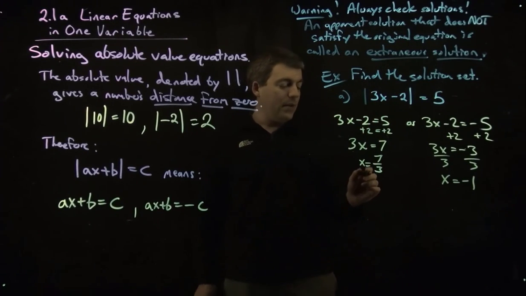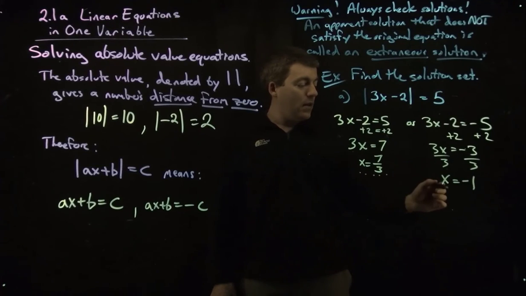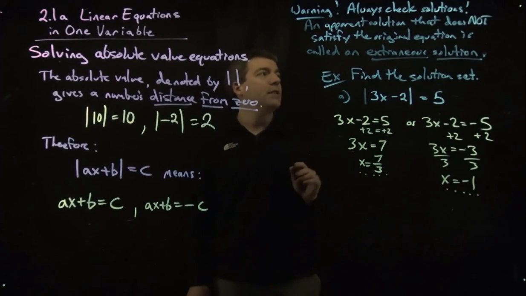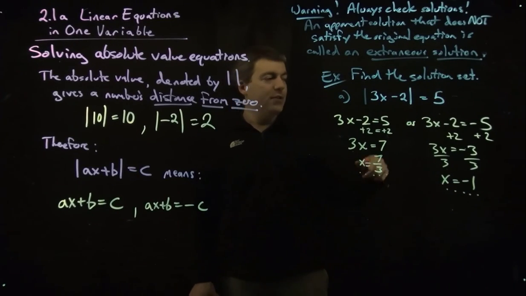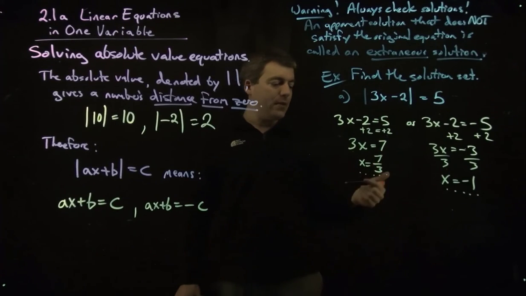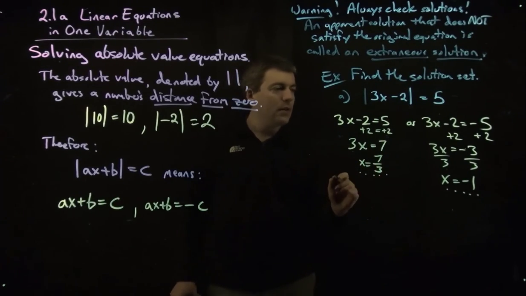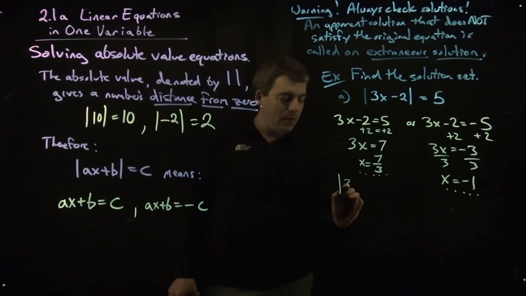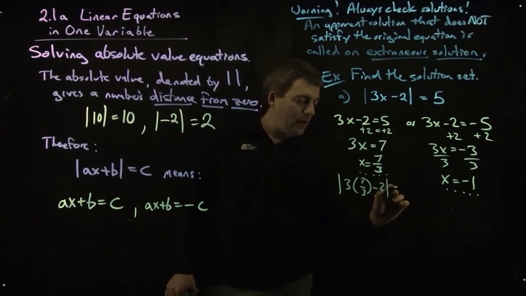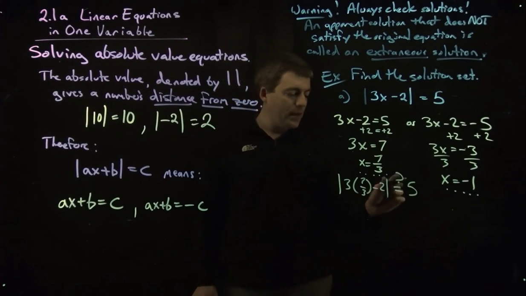Now, these are apparent solutions right now. We need to check them in the original, to make sure that they indeed solve it. So let's start with this one. We have the absolute value of 3 times 7/3 minus 2 equals 5. Is that true?